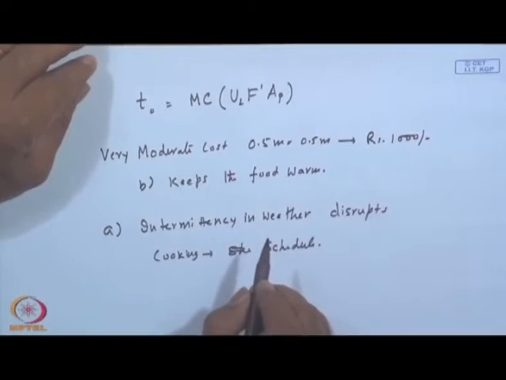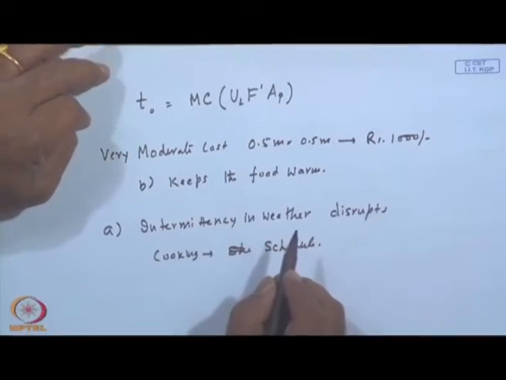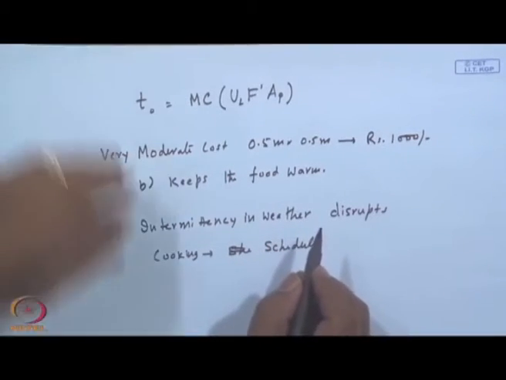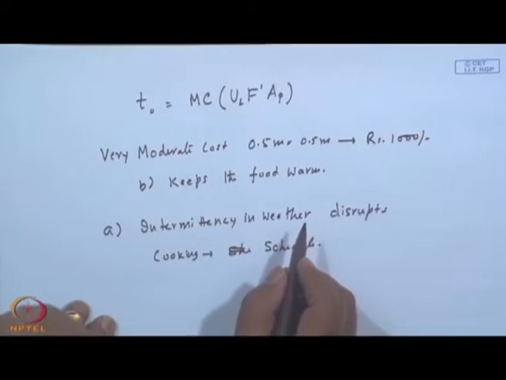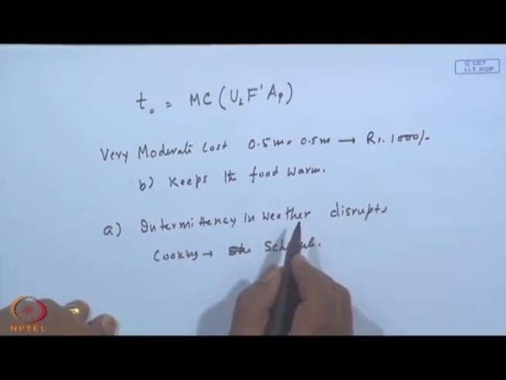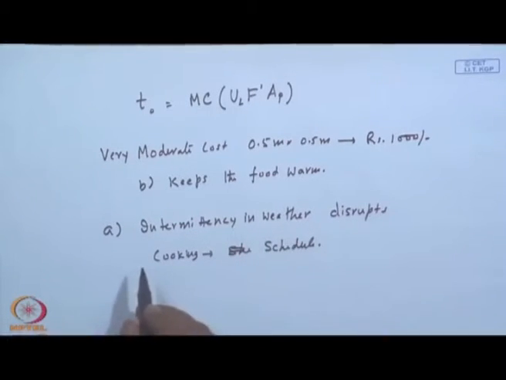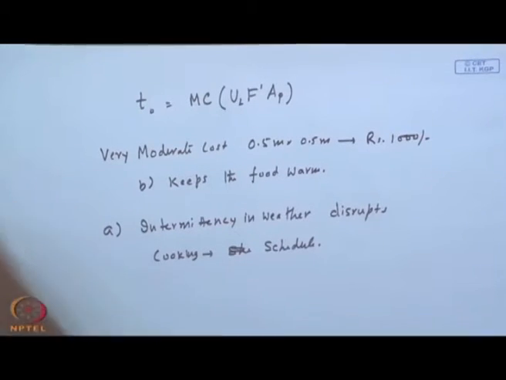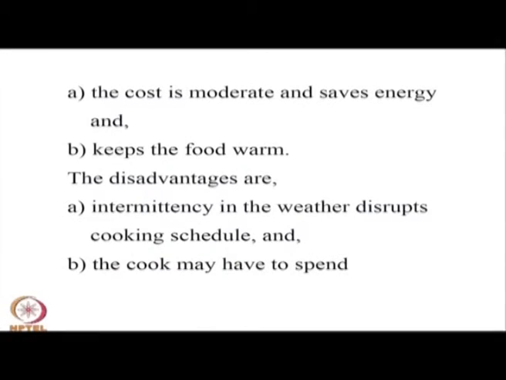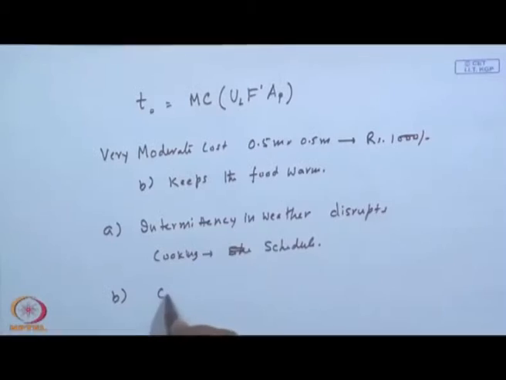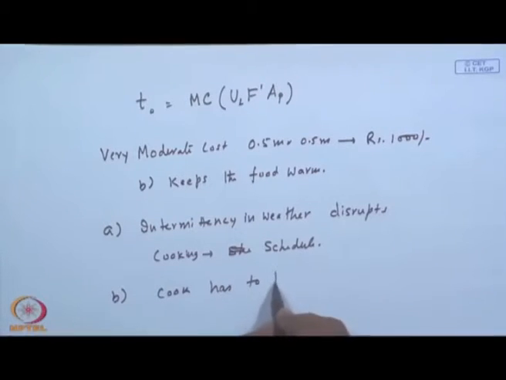In other words, unfortunately, the consequence could be a little serious. If it is half cooked, you wouldn't know what to do with it. Then you may have to bring it back to your gas stove or electric stove and then try to minimize the damage. So, the cook has to tend to this in hot sun.